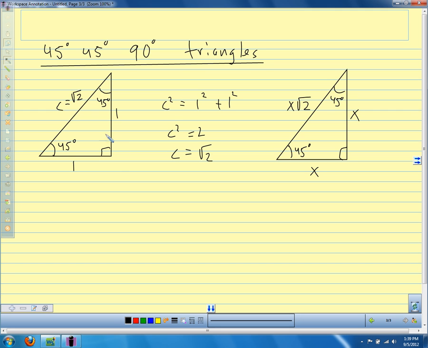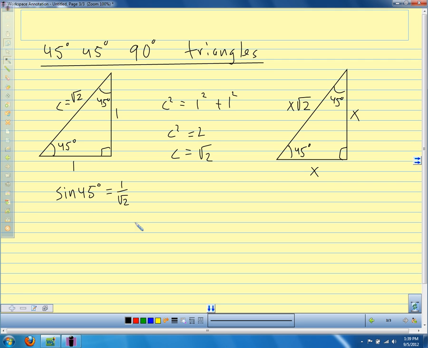So using this 45, 45, 90, we'll use the one with the side length 1 to make our lives easier. We can write the sine, the cosine, the tangent. We can write all of our trig ratios for 45 degrees. So the sine of 45 degrees is the opposite over hypotenuse, so 1 over square root of 2.